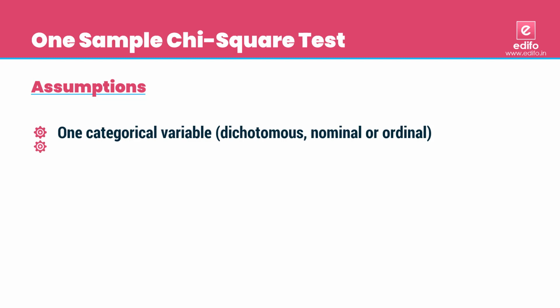The second assumption is independence of observations. Again, one more statistical term, independence of observation. You should have independence of observation, which means that there is no relationship between any of the cases, that means the participants. The statistical assumption of independence of observation states that all participants in a sample are only counted once.